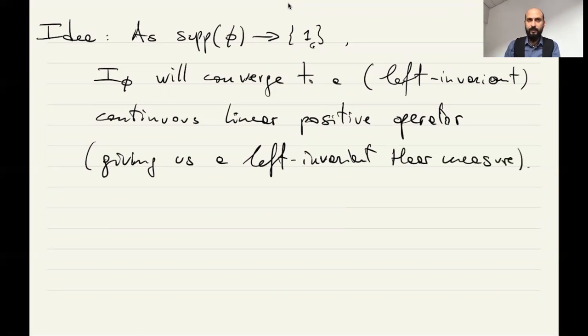by the Riesz representation theorem. Okay, let's now state exactly what it means that as the support gets closer and closer, the operator gets closer and closer to being linear. So this is the last lemma we need to prove before proving the existence.